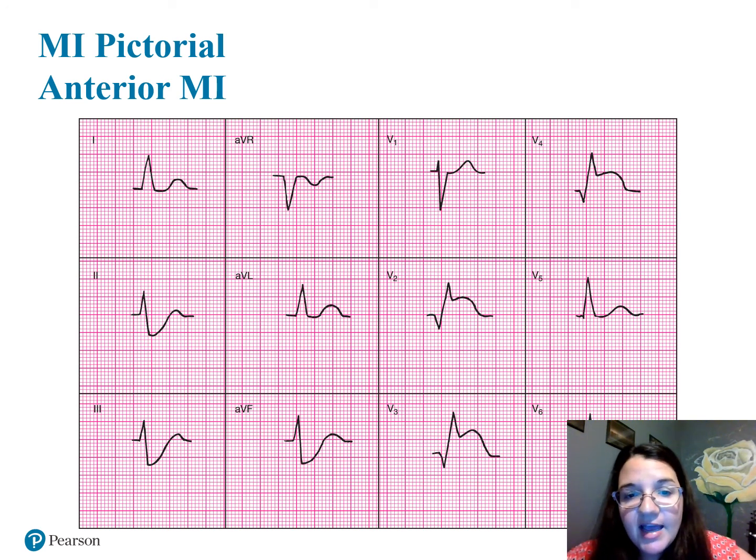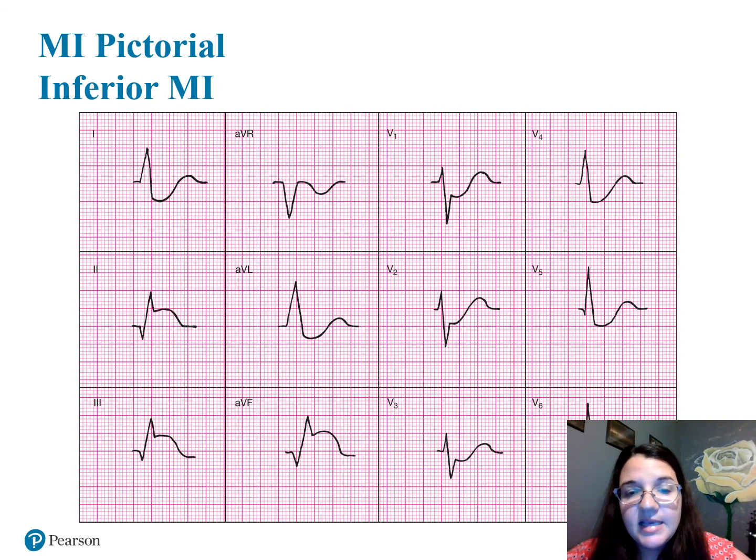So here I am seeing ST elevation in V2, V3, and V4, right? And I am seeing its opposite in leads 1, 2, and AVF. What I mean by this, by the opposite, is my ST segment is depressed. So I am seeing an anterior wall STEMI.